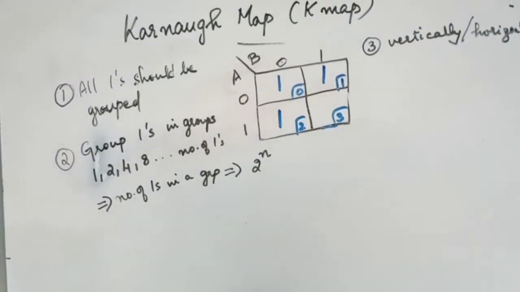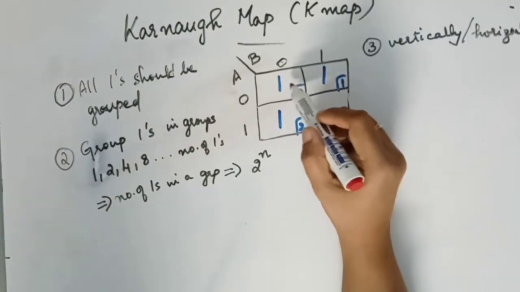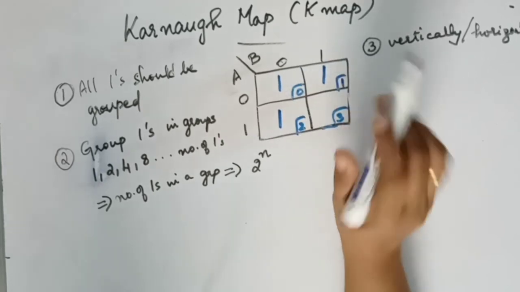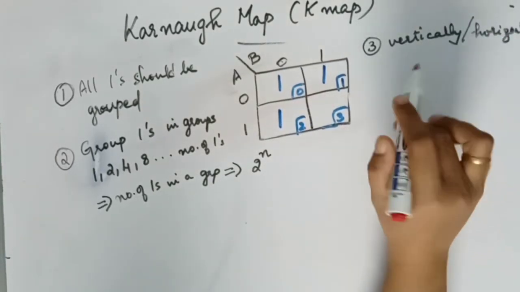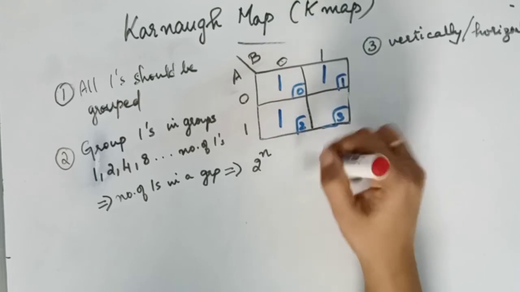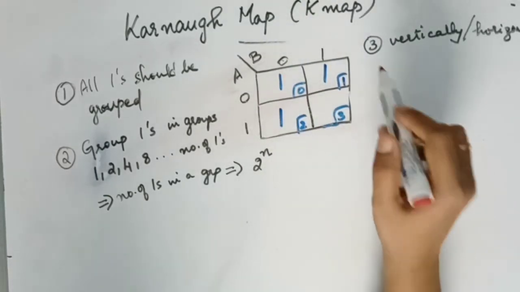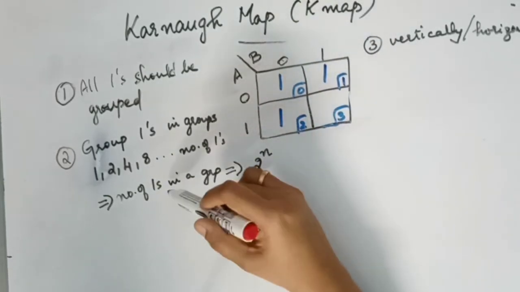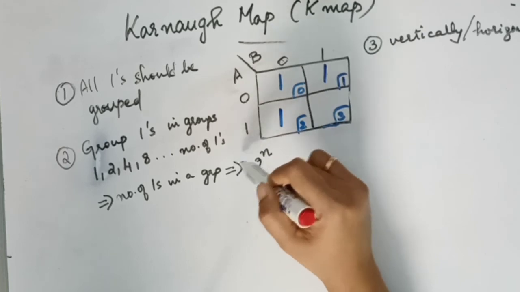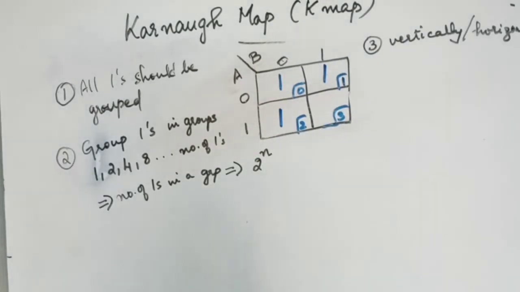Okay, so we'll start with the grouping and I'll explain more rules as we go. So here all the 3 ones should be grouped. You can group it horizontally or vertically. Then the number of ones inside a group should be represented as 2 raised to n.